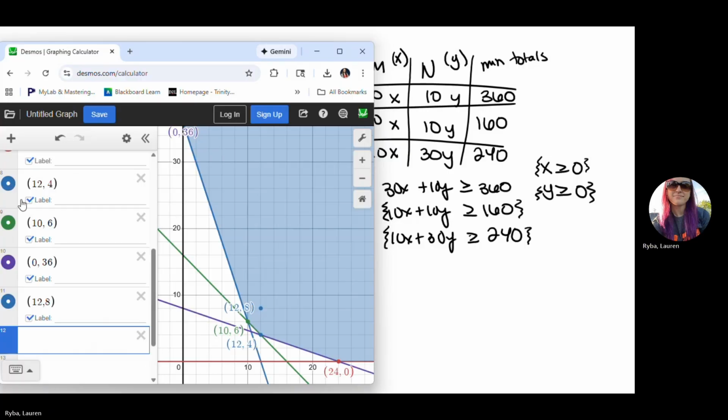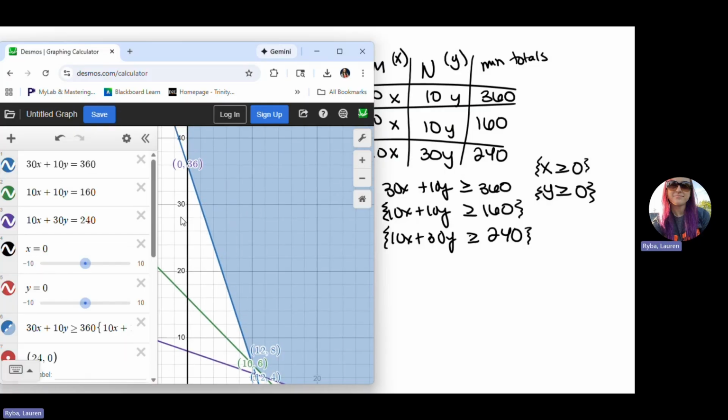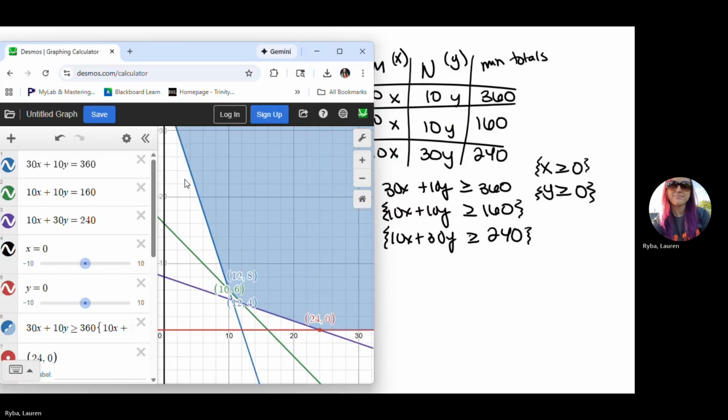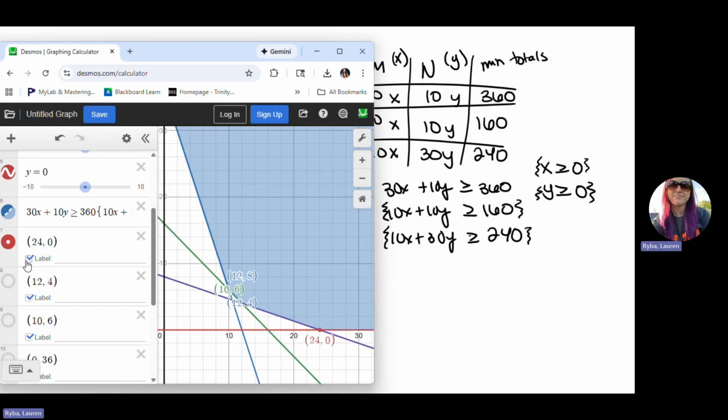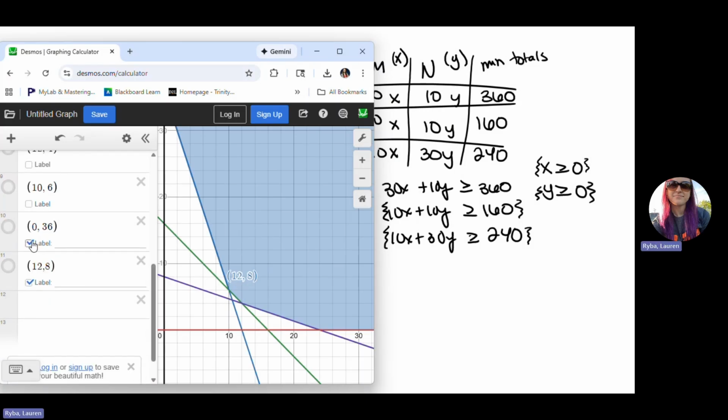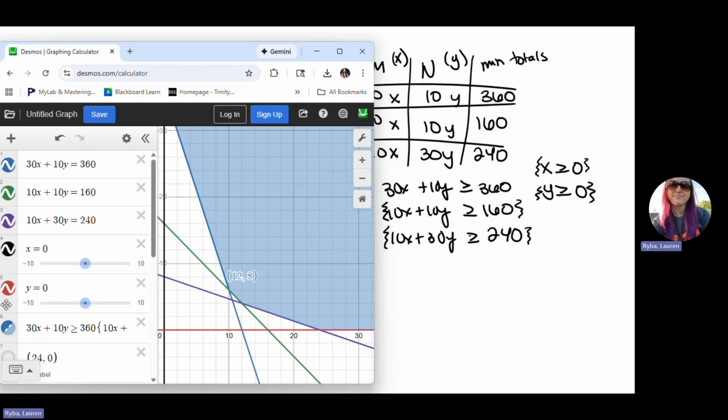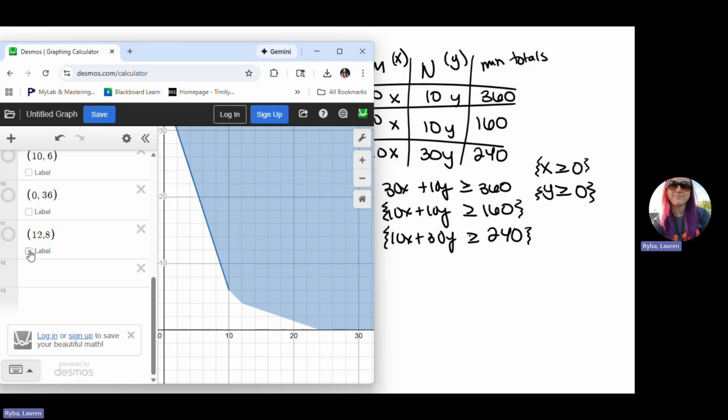So if they weren't shown, all I would have to do is go up here. They're all still being labeled. Give me a second. So if I didn't have any of this and I only had my shaded region, I would count and say, okay, they're counting the scales by twos.